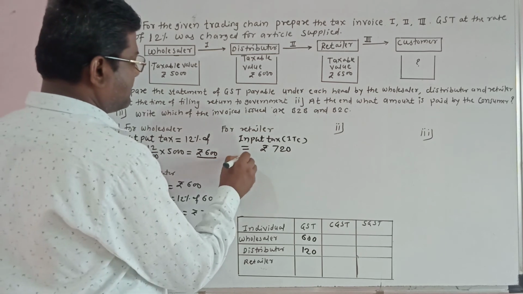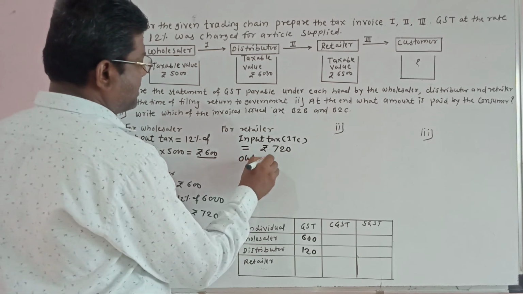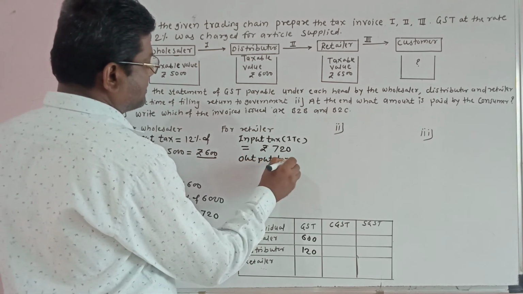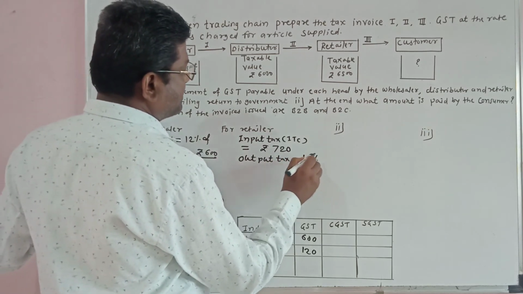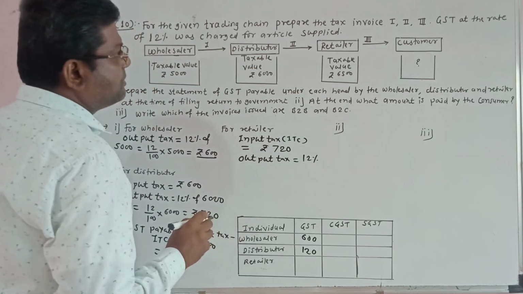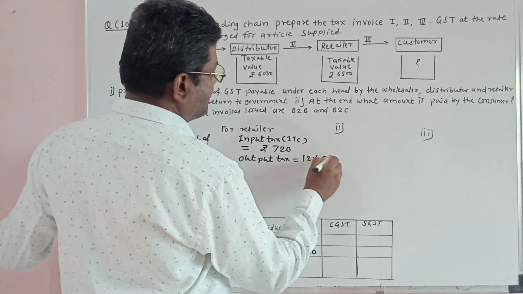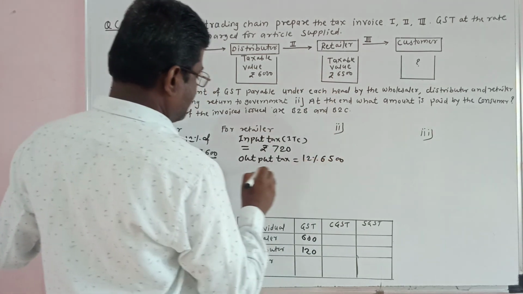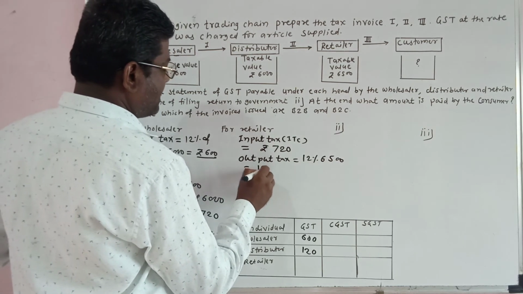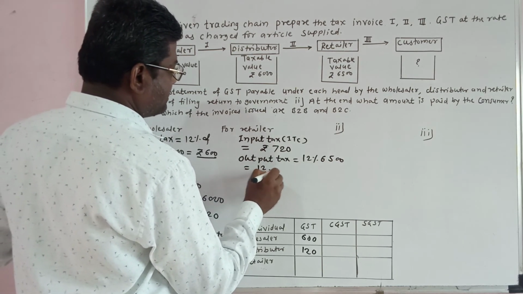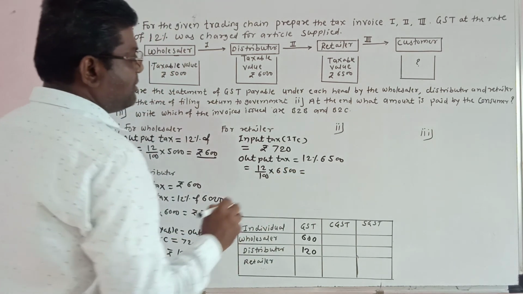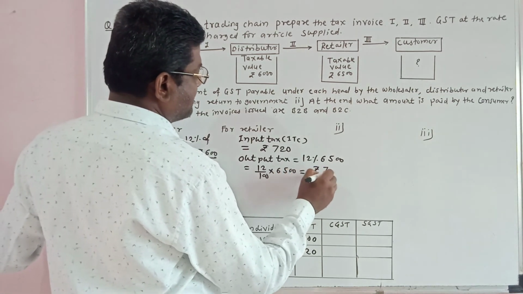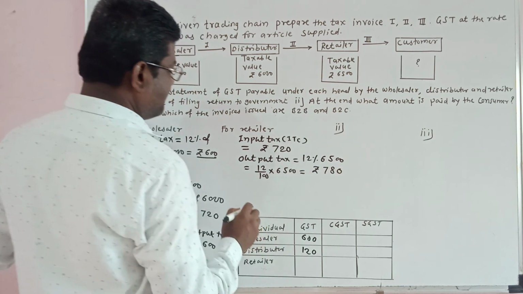Now let's find the output tax of the retailer. 12% of taxable value 6,500 is 12 upon 100 into 6,500, and that value is rupees 780.